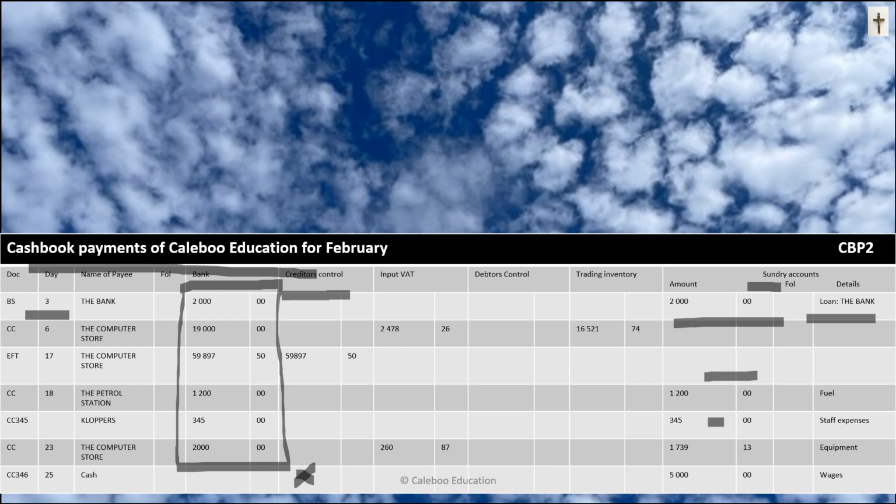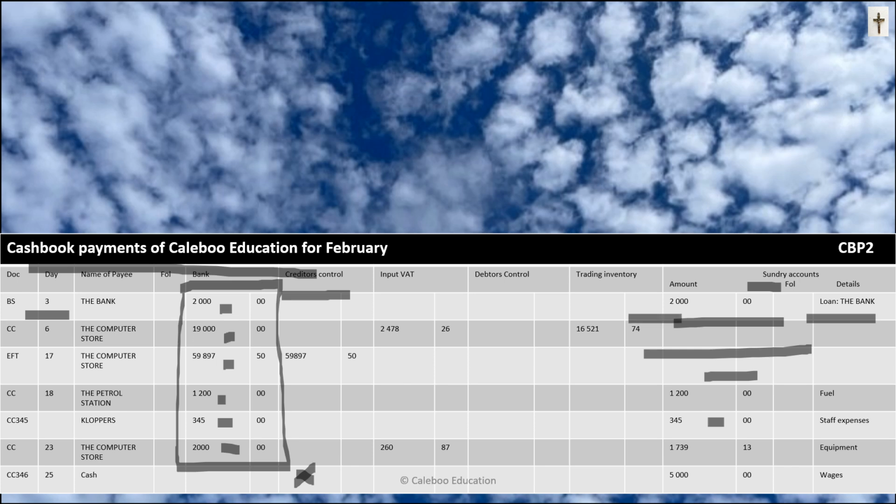The total of the payments is posted to the bank account, not the individual amounts. That was done in this journal. And the total of payments for the month of February is taken to the bank account. But I would like you to start in the sundry accounts section, because you're more likely to get the date order right in the general ledger accounts.